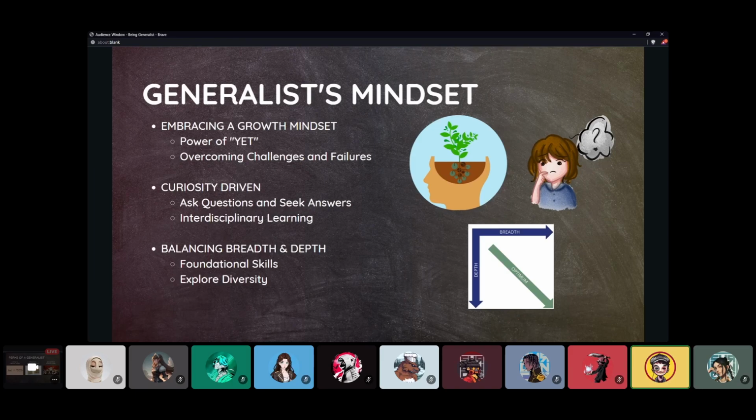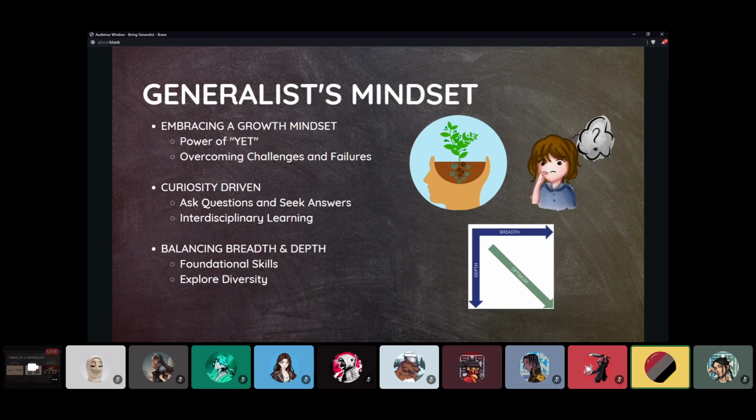A statement such as "I don't understand this" changes from a fixed mindset statement to a growth mindset statement by merely adding yet to the end of it: "I don't understand this yet." So we have this growth mindset that we will be learning it in the future, or we will be tackling it, or we will achieve it in the future.